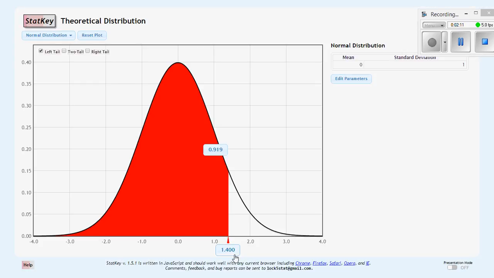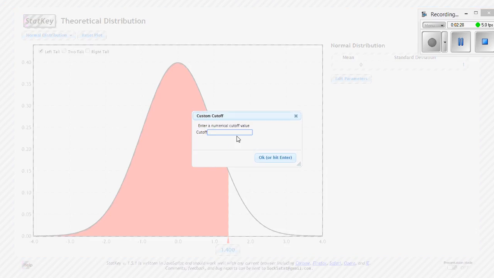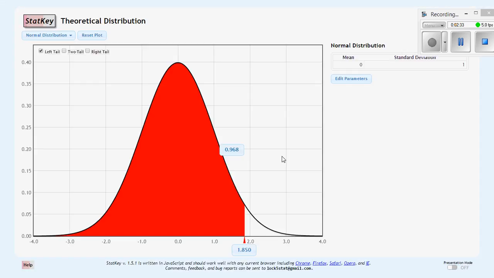And then we get our z-score of 1.4, and we can see that to the left of that is 91.9% of our data, or basically our 91st or 92nd percentile. If we went ahead and change this to the SAT one, which was 1.85, you can see that we get 97% of our data falls to the left.